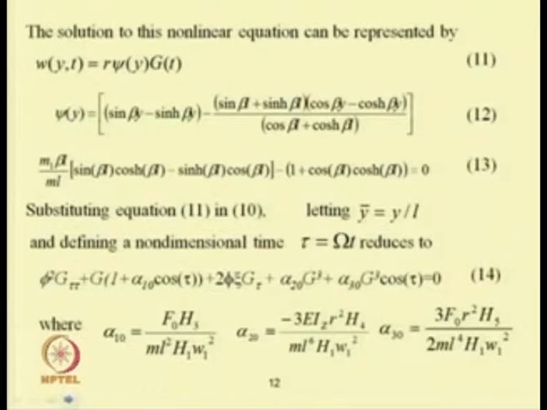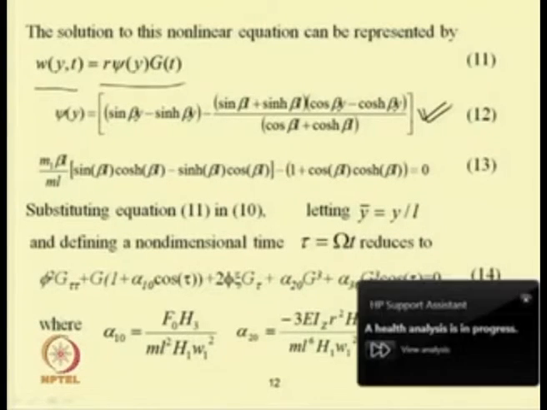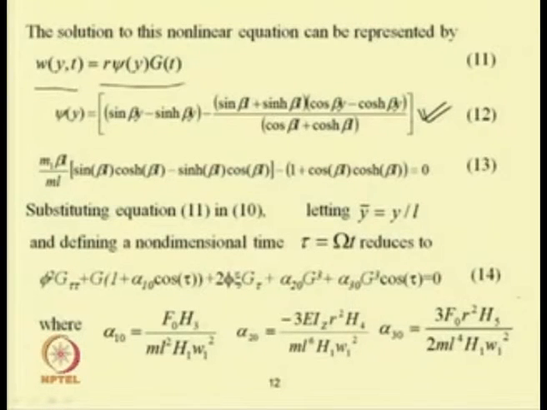To solve this equation, we have taken w(y,t) = r ψ(y) g(t), where r is the scaling factor, ψ is the shape function and g(t) is the time modulation. For ψ(y), one can take the shape functions or eigenfunctions of either a cantilever beam or a cantilever beam with tip mass.